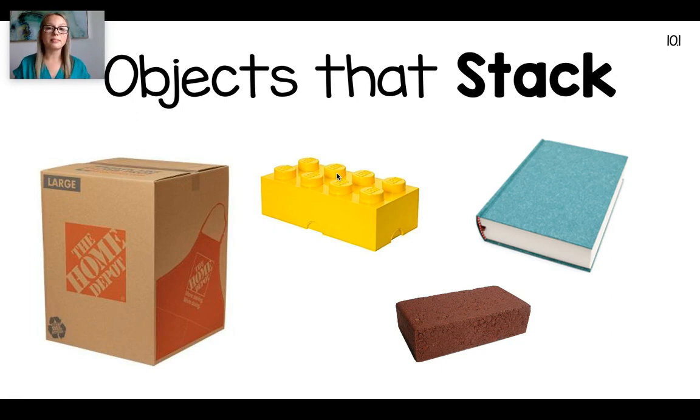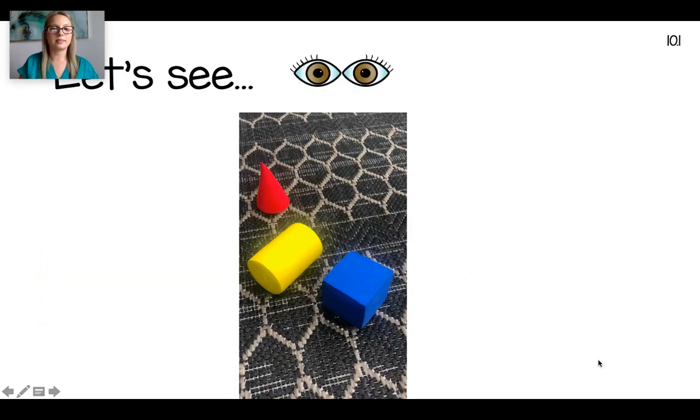If we're building something, building a bridge or building a wall, and we take the Legos and we put another one on top, that is stacking. Books can stack, and this can stack too. Do you know what this is? That's a brick. If you put a brick and then cement and then another brick, you can build a wall, and you are stacking the bricks to do that.